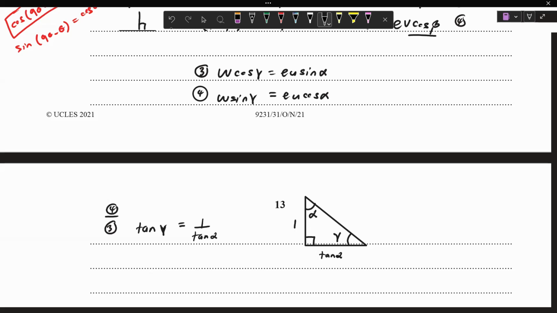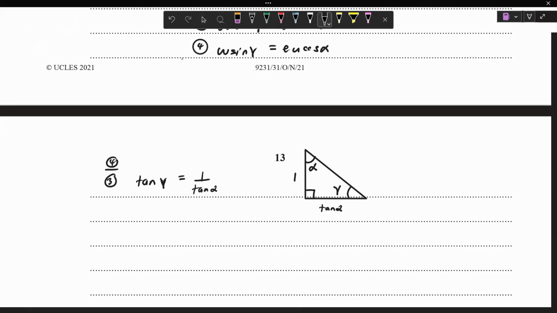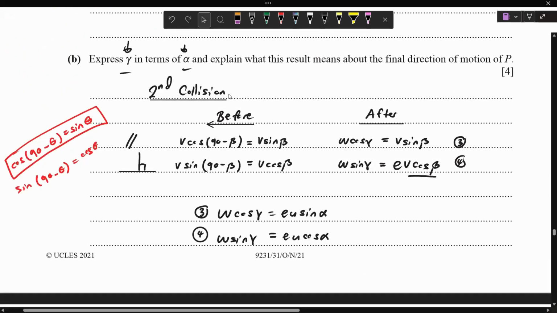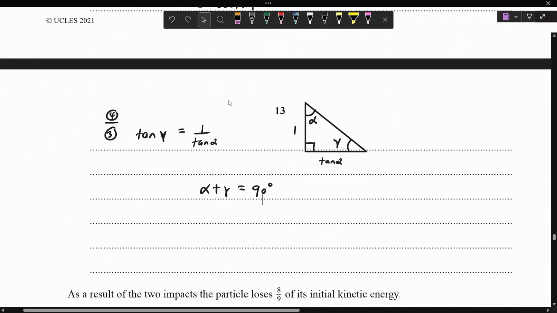So basically, alpha plus gamma is equal to 90 degrees. They say express gamma in terms of alpha. It therefore means that gamma is equal to 90 minus alpha.